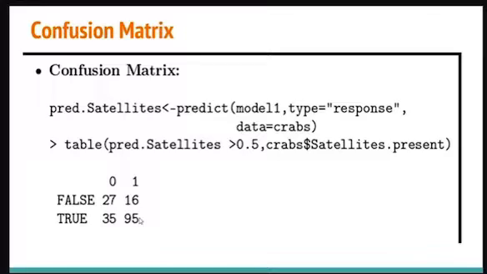Okay, so you have 27, 16, 27, 16, and you have 35. And you actually have 95. Now what does that mean? When you have 0 and false, they go together. 1 and true, they also go together.